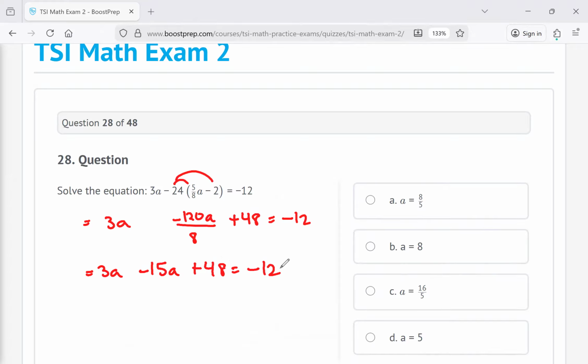So 3a minus 15a is -12a. Plus 48 equals -12.